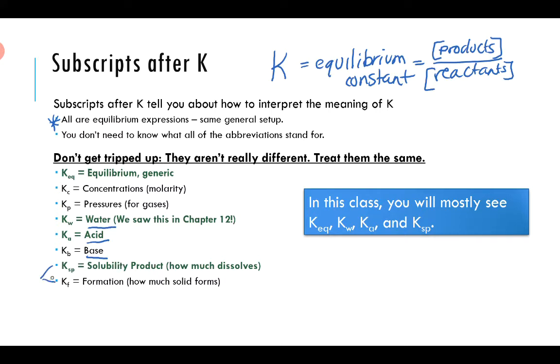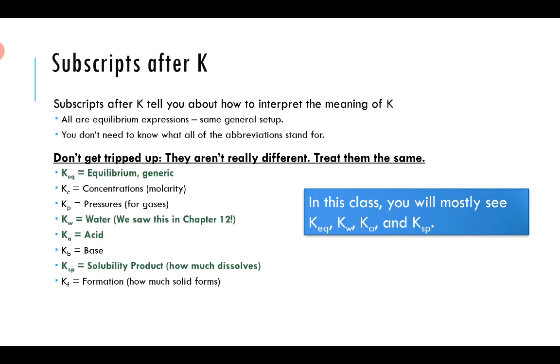These are inverses of each other. Solubility is how much dissolves, and Kf is how much solid forms, so those are opposites of each other. You'll be mostly seeing KEQ, KW, KA, and KSP in this class.